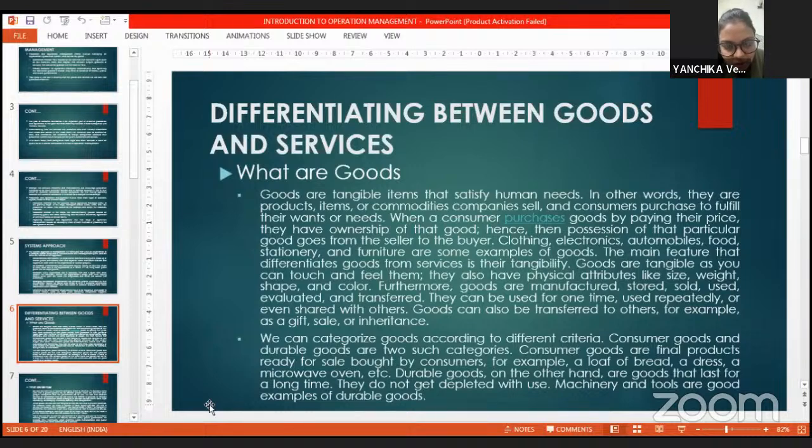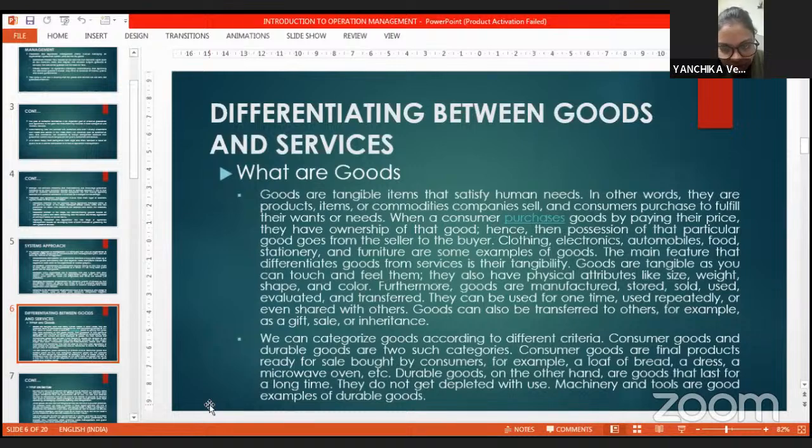When a customer purchases goods by paying their price, they have ownership of those goods. Hence, the possession of that particular good goes from the seller to the buyer. Clothing, electronics, automobiles, food, stationery and furniture are some examples of goods.